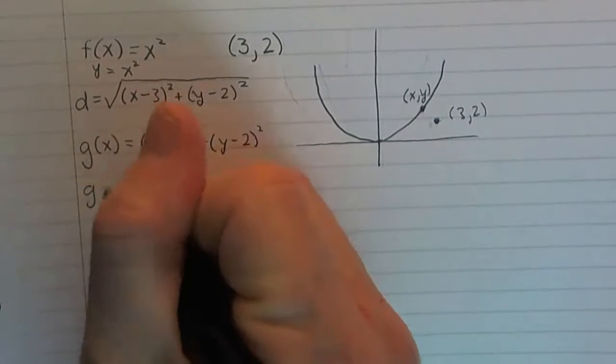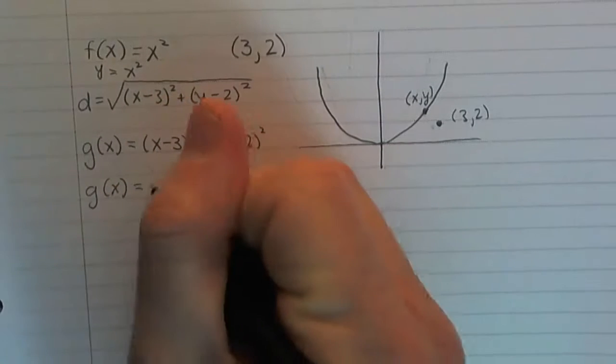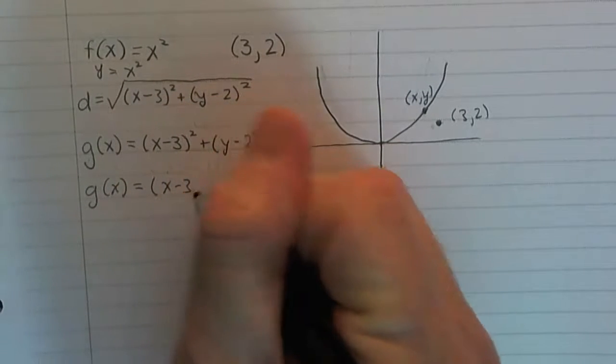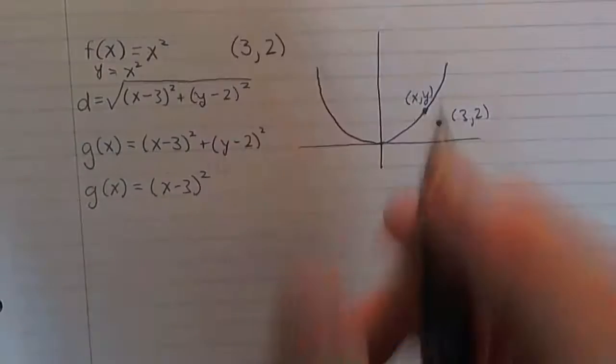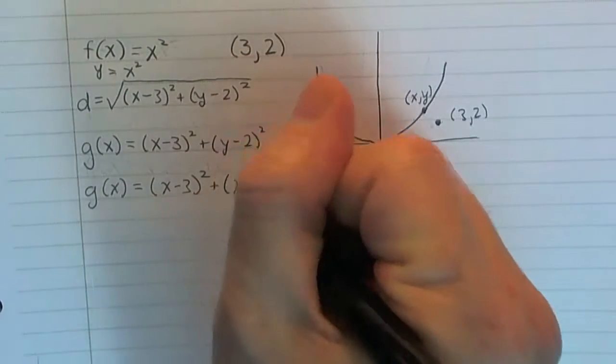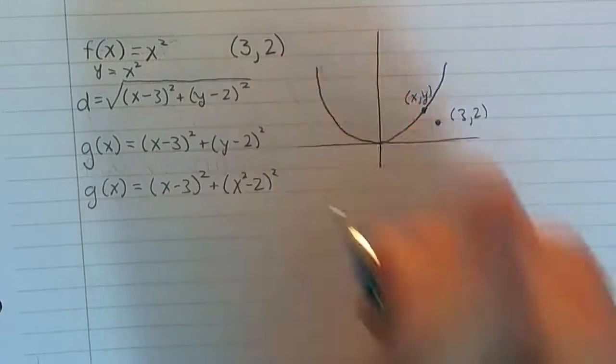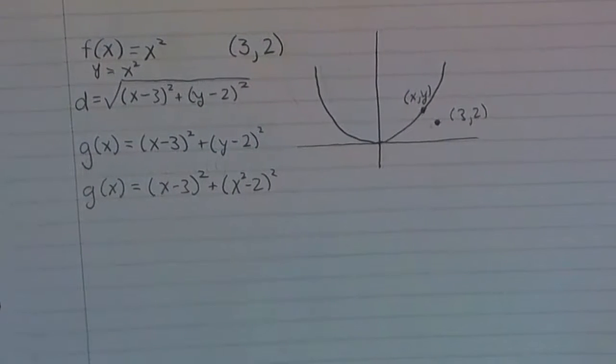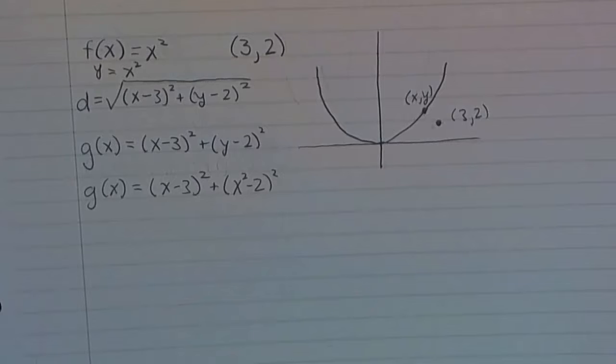We've got now g of x is equal to (x minus 3) squared plus (x squared minus 2) squared. Well, it looks like now we have something we can differentiate. So let's see what we've got now.